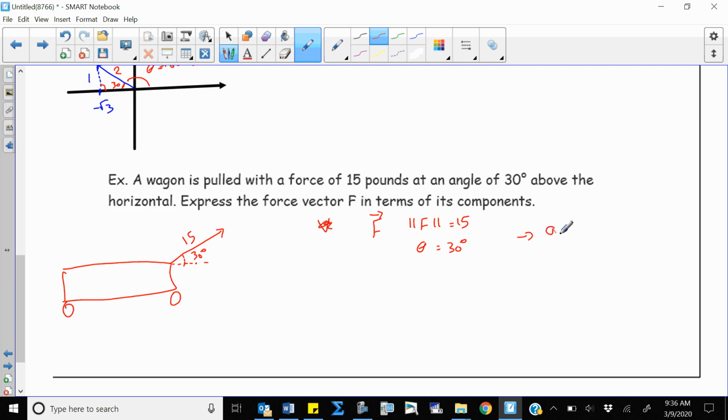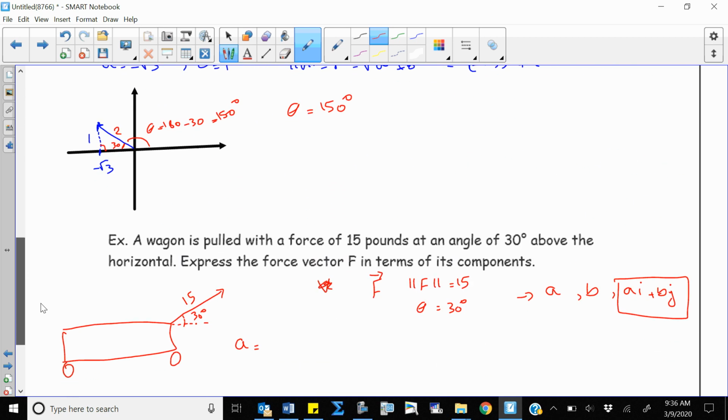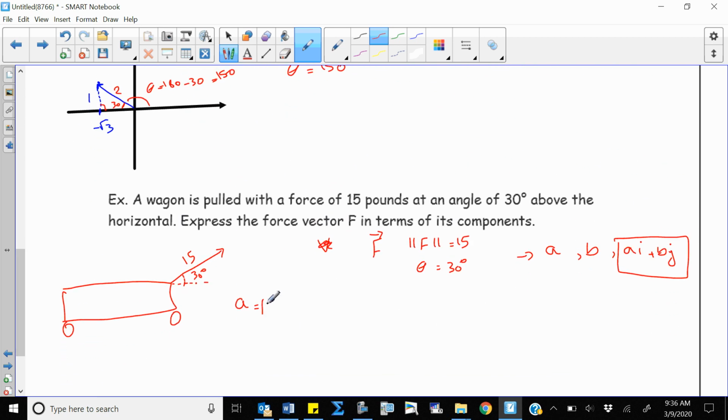Now we want to find a and b and write the vector in terms of x and y component in this form. So this is what we're looking for, because it says express the vector f in terms of its components, x and y components. Okay, so we know that a, using this formula that we just found here, is equal to the magnitude of f times cosine of theta.